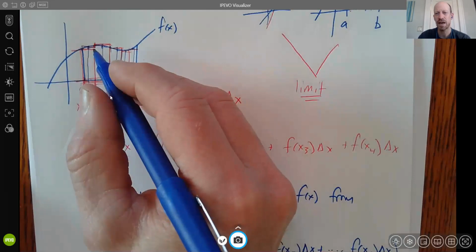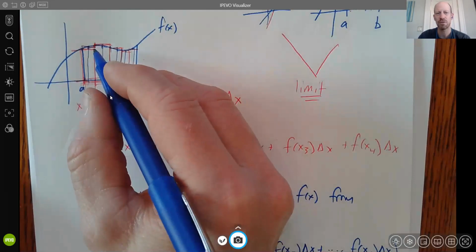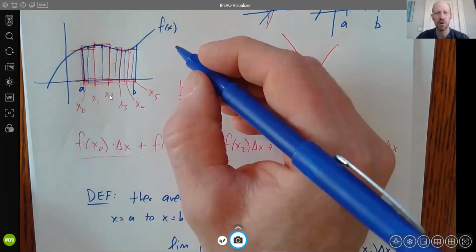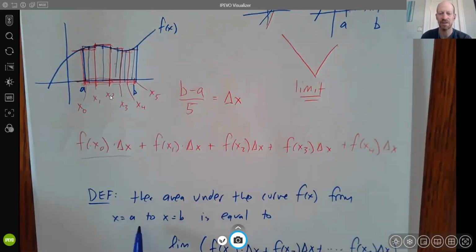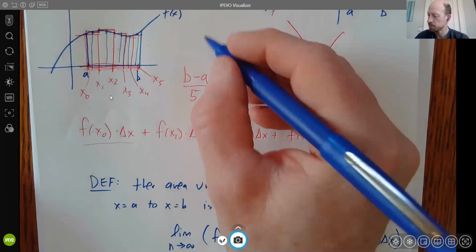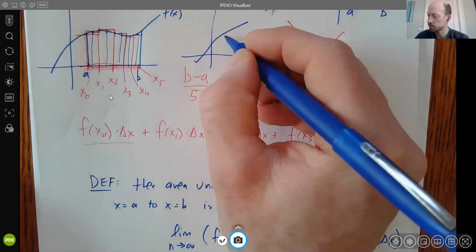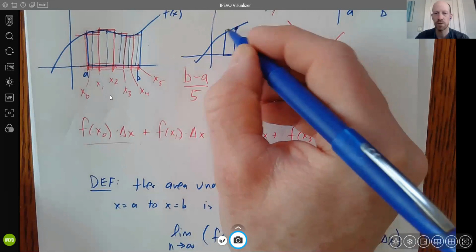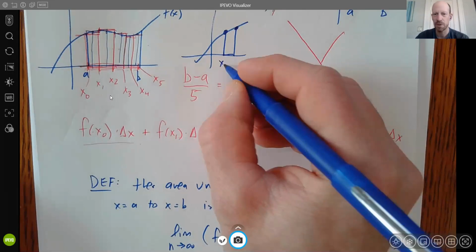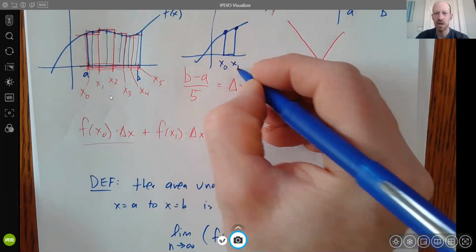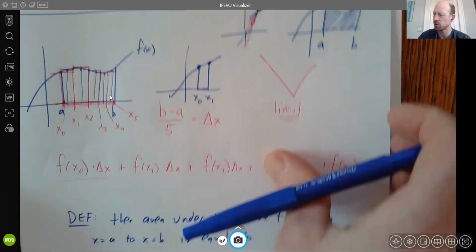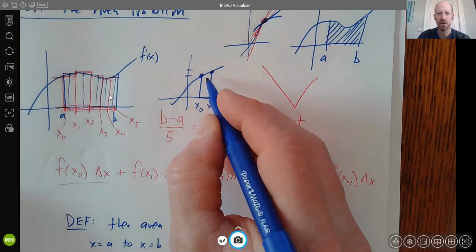We could illustrate that more clearly, but as these rectangles get smaller and smaller, as I add more and more rectangles, this would be f of x sub 0, and this would be f of x sub 1. So here there's a difference between them. This f of x sub 1 is certainly a little bit larger than f of x sub 0.